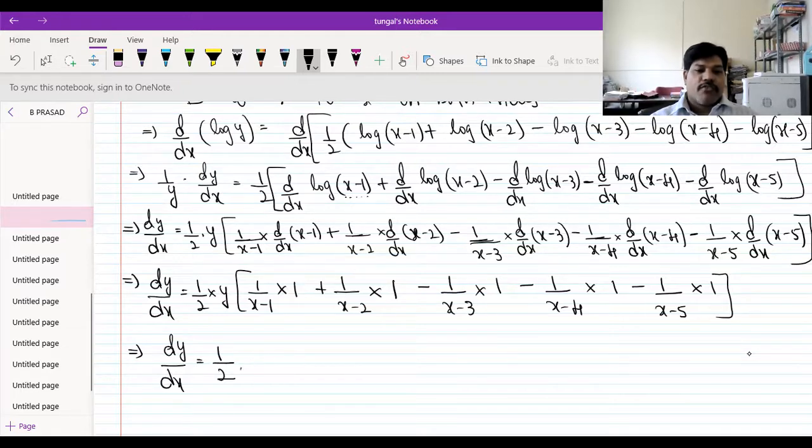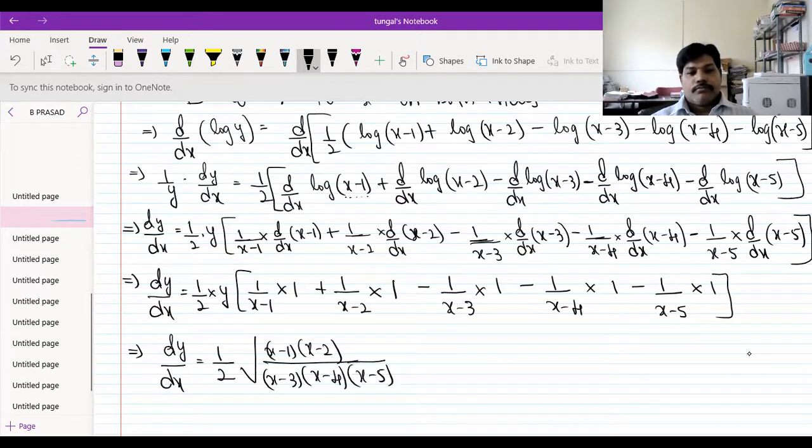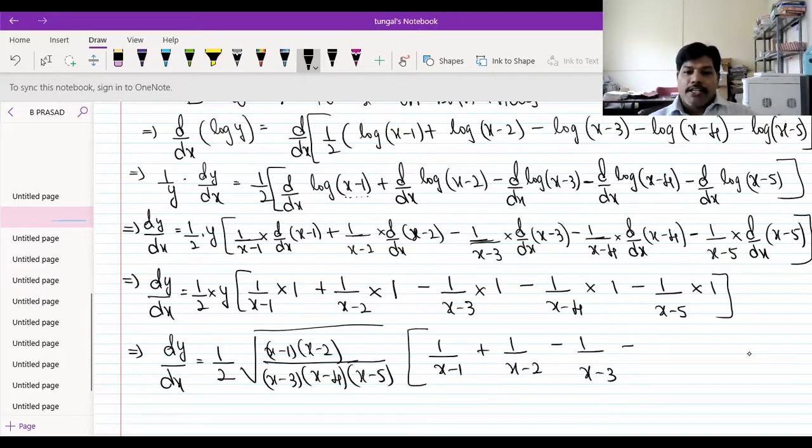Y is nothing but the square root of x minus 1 into x minus 2 by x minus 3 into x minus 4 into x minus 5, into 1 by x minus 1 plus 1 by x minus 2 minus 1 by x minus 3 minus 1 by x minus 4 minus 1 by x minus 5. So this is the answer, students.